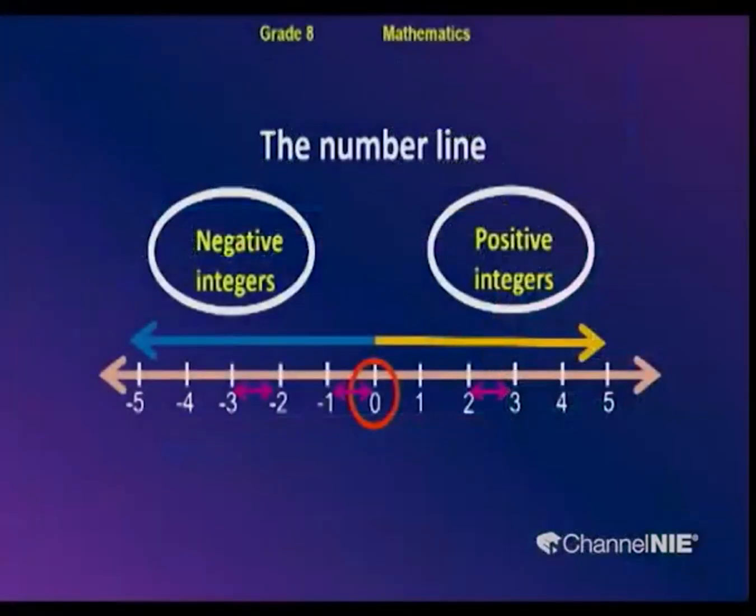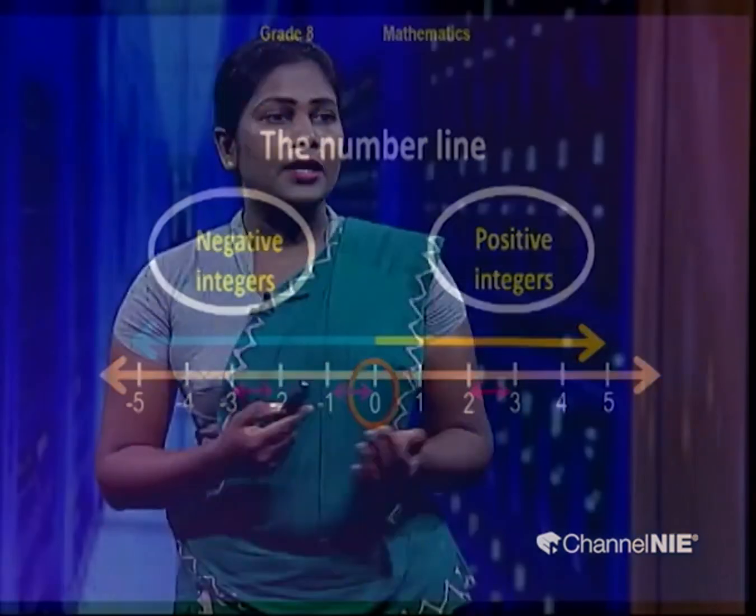What is this? Yes, the gap between two numbers is equal. Look at that diagram. The gap between 2 and 3 is equal, and also between 0 and -1, the gap is equal. Now, we can get the conclusion. In a number line, all the class intervals between any two consecutive numbers are equal.